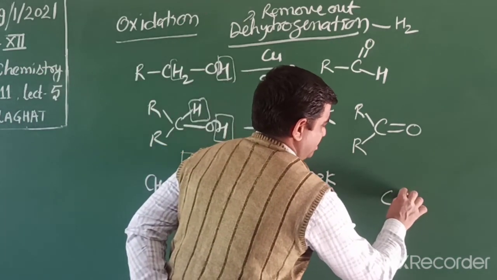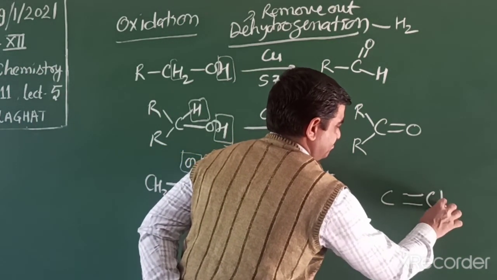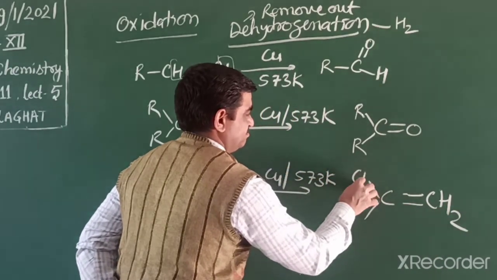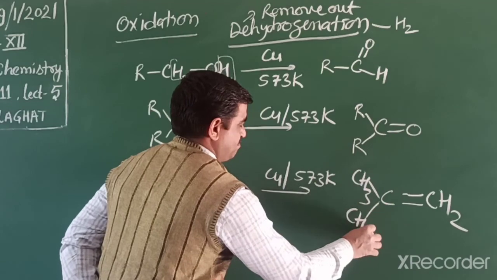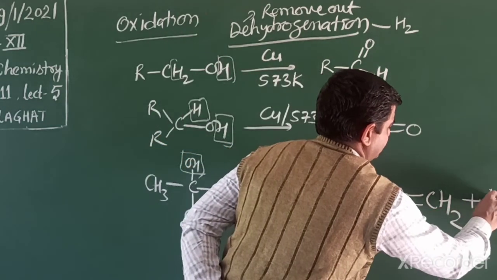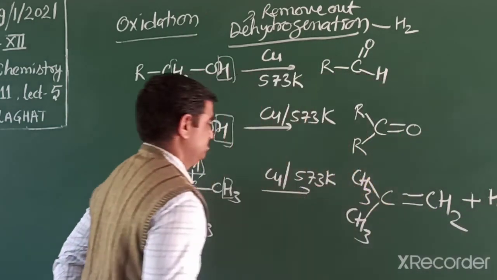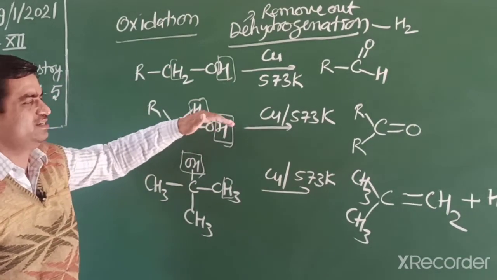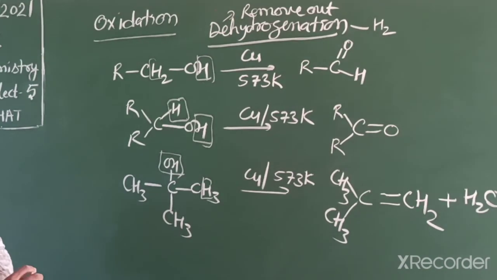So we get the product alkene. So this is the difference. If the alcohol is primary, we get aldehyde, secondary, then ketone, tertiary, then alkene.